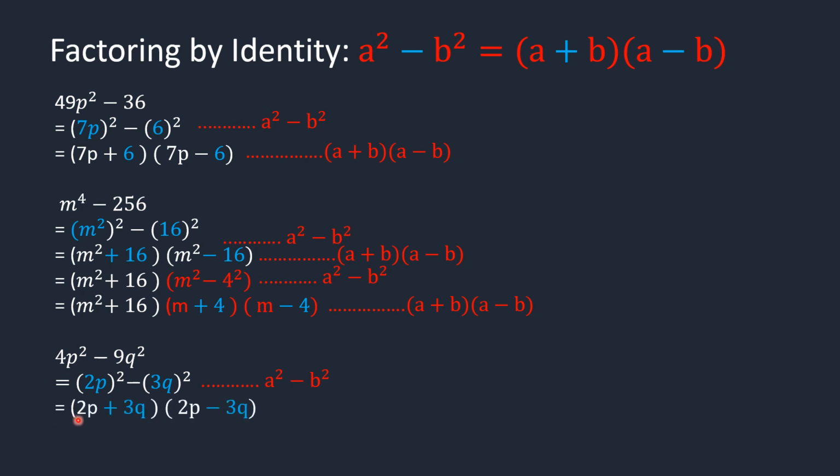We will write their factors as 2p plus 3q multiplied by 2p minus 3q. Here, square root of 2p whole squared is 2p and square root of 3q whole squared is 3q. Give plus sign to one factor and minus sign to the other.